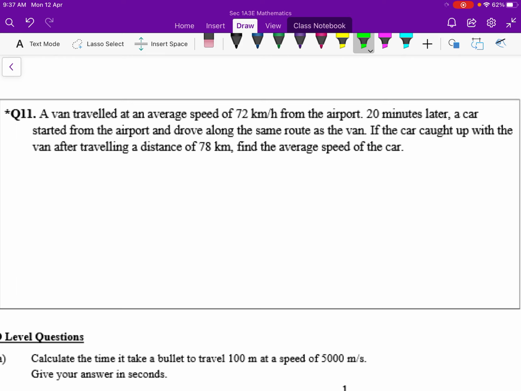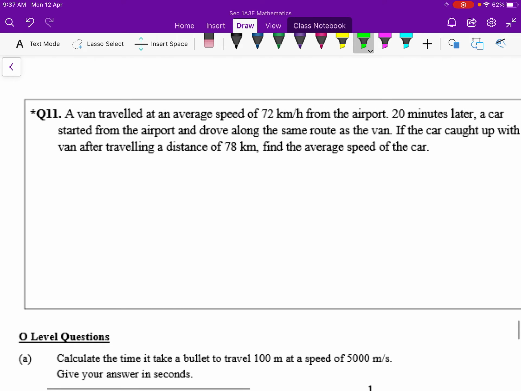Okay, now class. Take a look at this. 20 minutes later, a car started, drove the same road, and caught up after 78 kilometers. When the car caught up, the van traveled 78 kilometers as well.